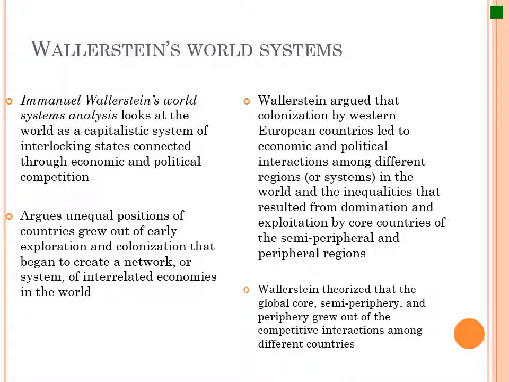All right, Wallerstein came up with the world system model, which talks about the core, periphery, and semi-periphery. And he argued, and this is a review of what we were talking about in globalization, that it grew out of exploration and colonialization, and it's unequal because the core countries dominate over the semi-periphery and the periphery countries.